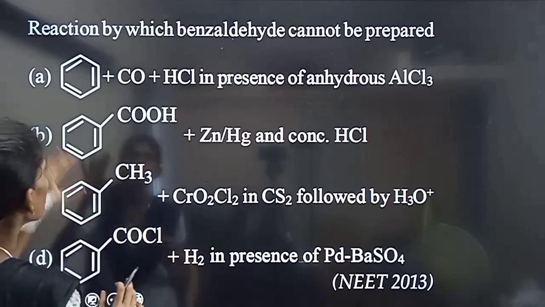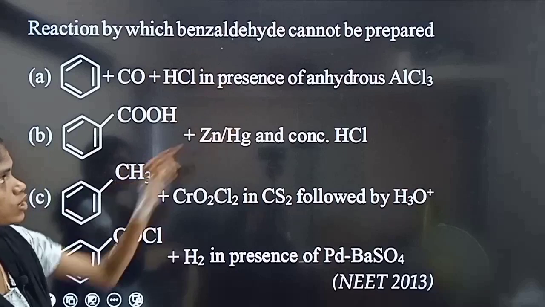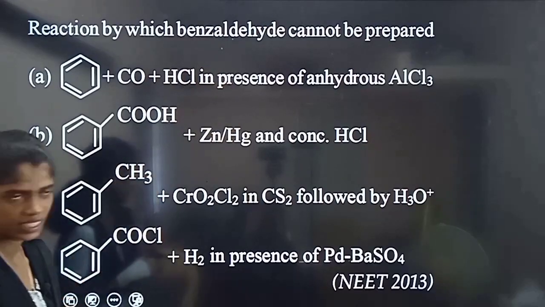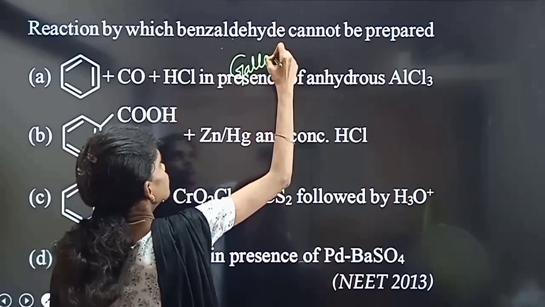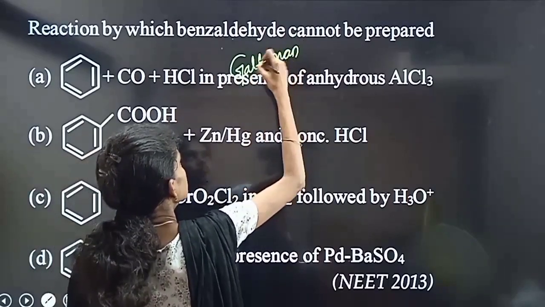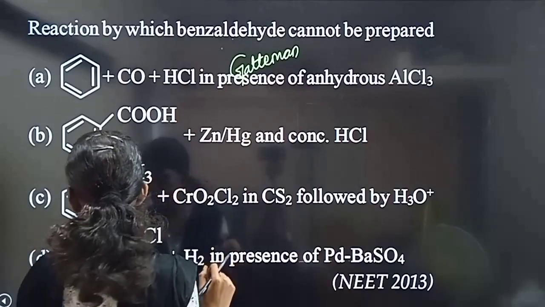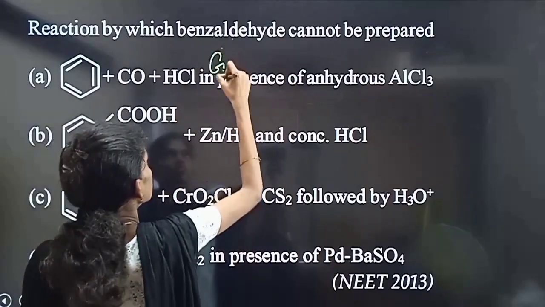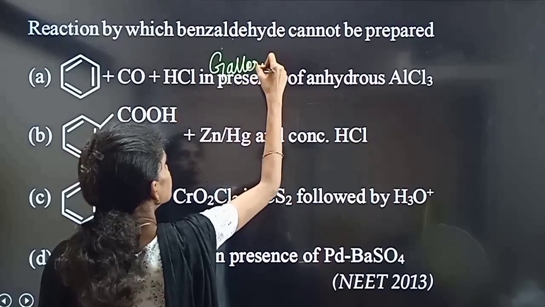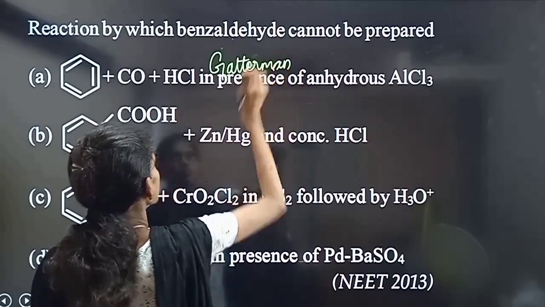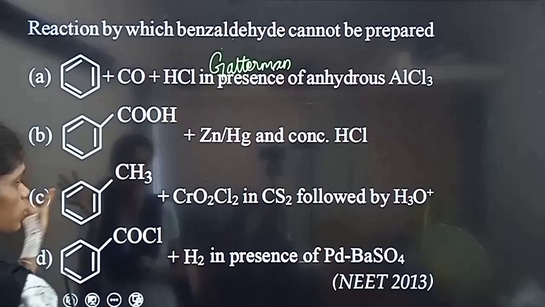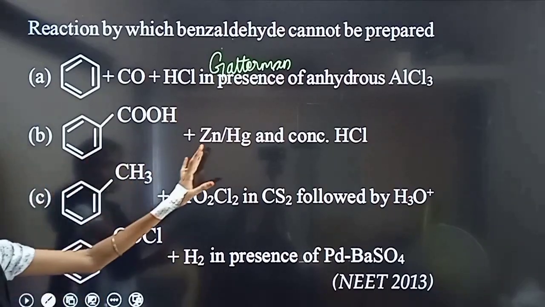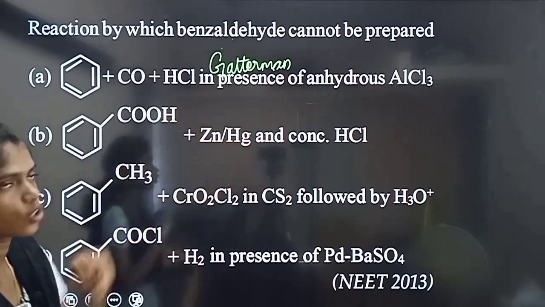So the first one is benzene plus CO plus HCl in the presence of anhydrous AlCl3, which is the Gattermann reaction. Next, benzoic acid in the presence of zinc.